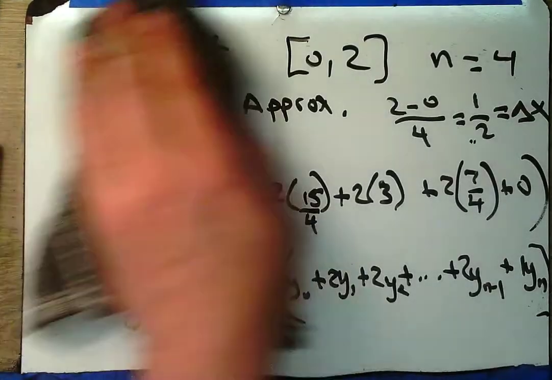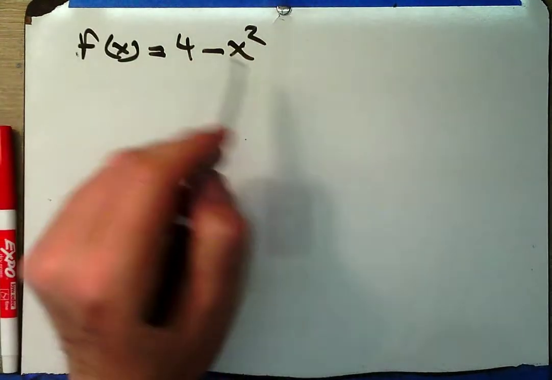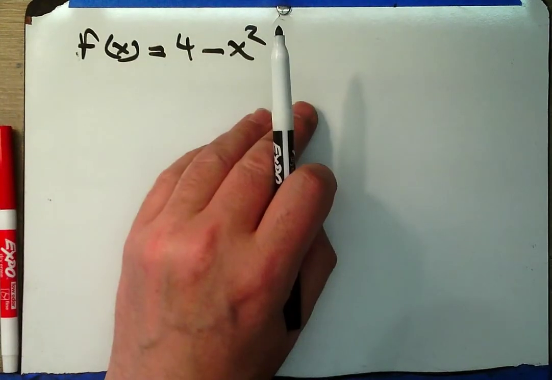That was it. So we should be able to do any of our approximation methods, LRAM, RRAM, MRAM, or now trapezoid sum, given a function. You know, they give me a function like we saw, 4 minus x squared. I should be able to do an approximation based on that.